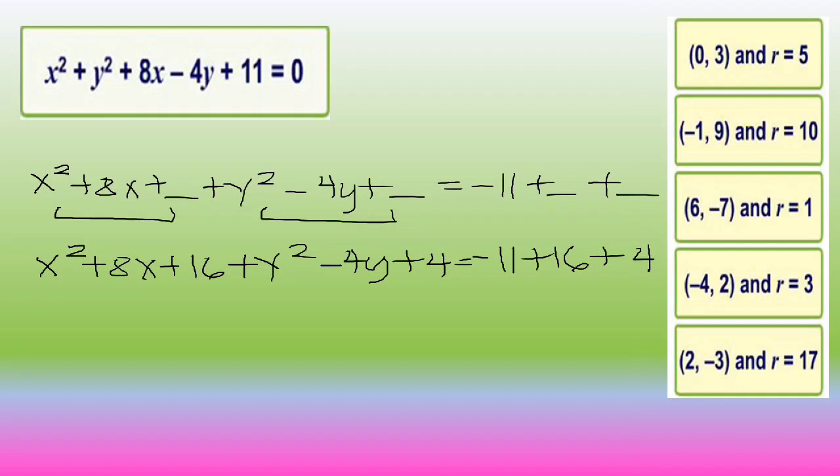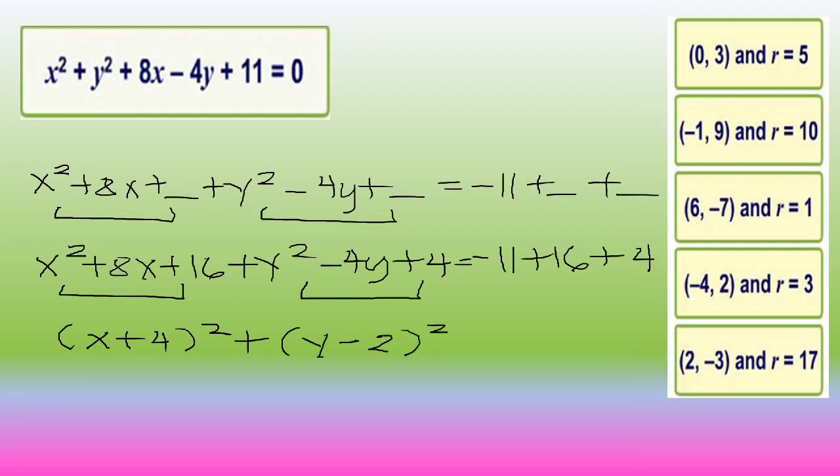Okay, so now from this perfect square trinomial, we have come up with the square of binomial. So we have x, copy the sign of the middle term, get the square root of the last term, that's 4 squared, plus y minus 2 squared is equal to negative 11 plus 16 plus 4, that is equal to 9.